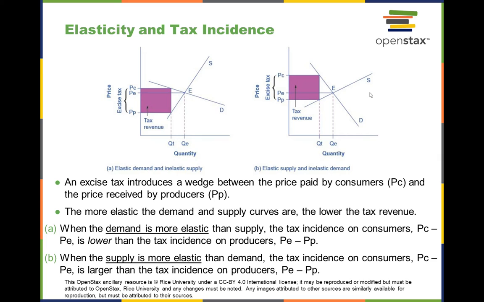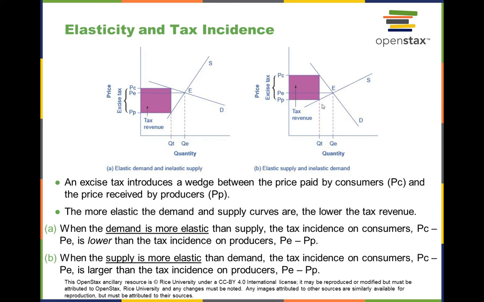However, it's also true if supply is more elastic. Look at this one on the right-hand side. Supply in this case is elastic because it is flatter than it is over here. This is inelastic supply. This is elastic supply. So they can improve the supply of this particular product pretty quickly. So if the price goes up, can they produce a lot more cigarettes right away?